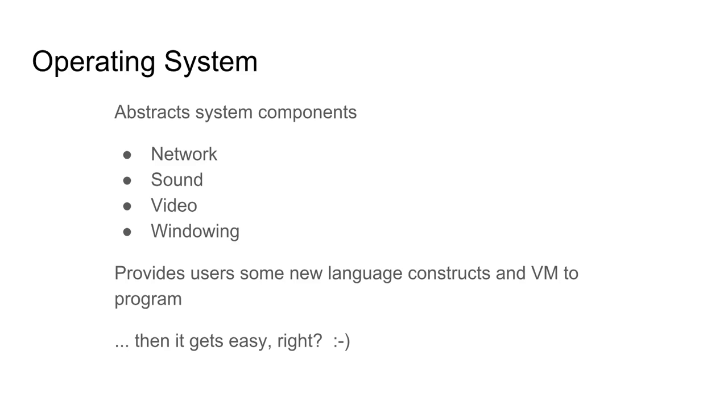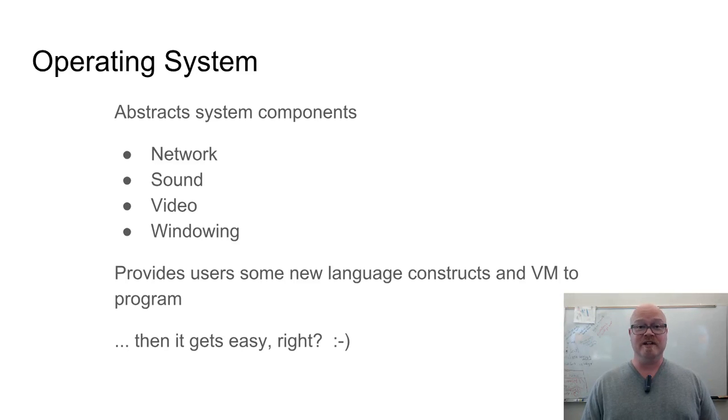So at those lower levels, we have the physical hardware that provides the mechanisms for networking, for sound, for video, and other such business. Now, we also have high-level concepts that are part of the system, like windowing.